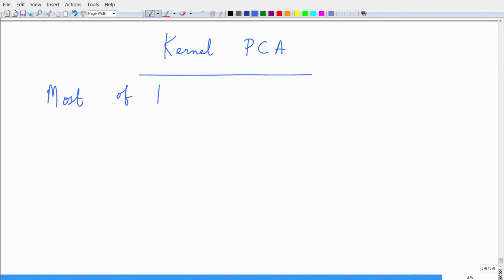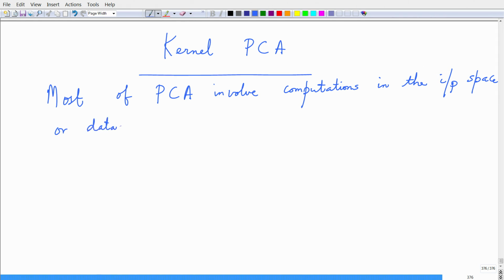Most forms of PCA involve computations in the input space or the data space, right, whichever way I want to call this.